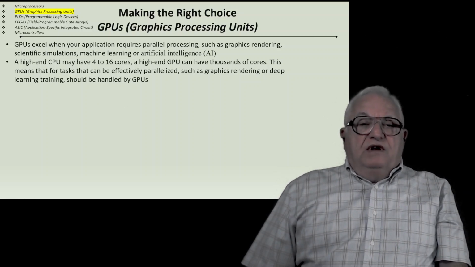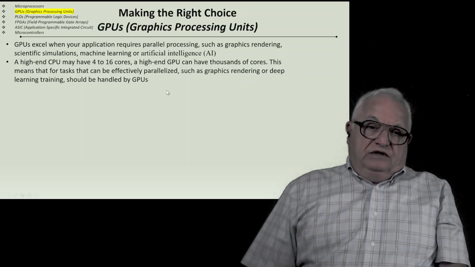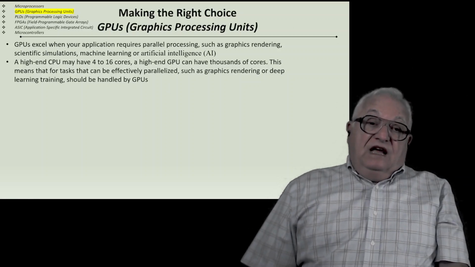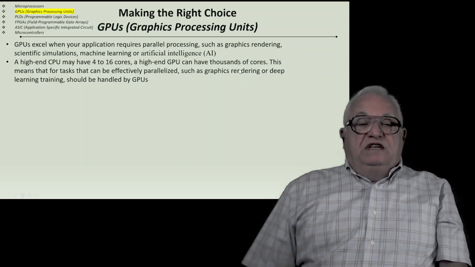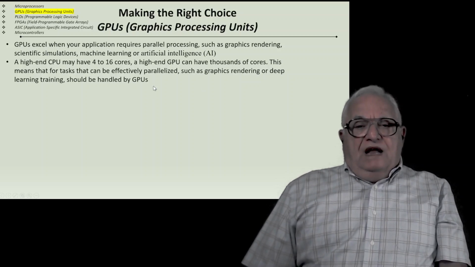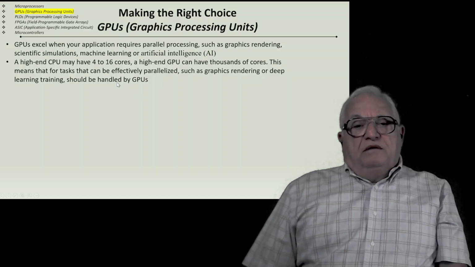That means it can run up to 16 parallel processes. On the other hand, a high-end GPU can have thousands of cores. This means that tasks that can be effectively parallelized, such as graphic rendering or deep learning training, should be handled by GPUs.